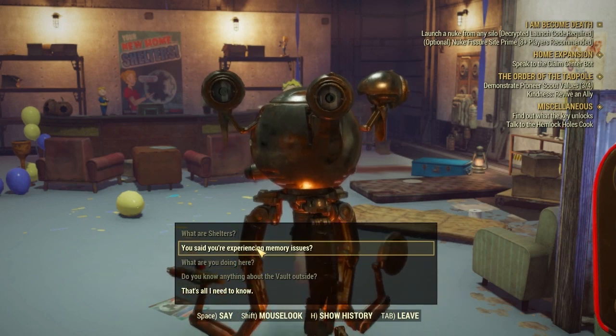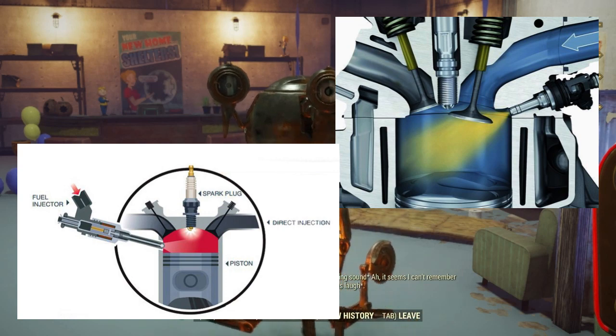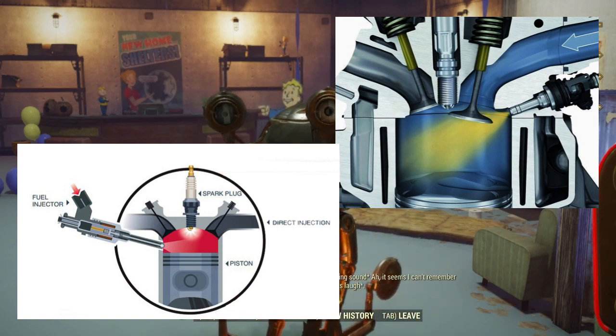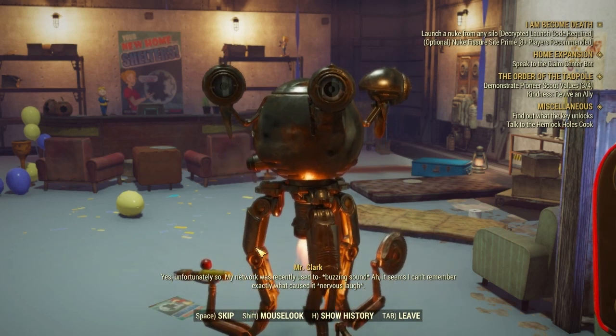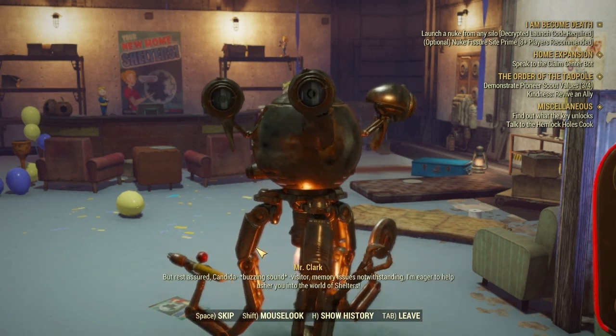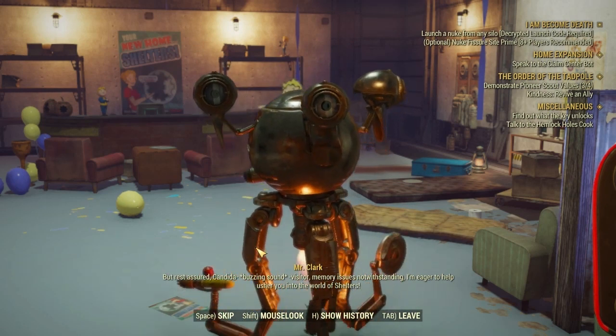And then the current day is going to be direct fuel injection. It sprays directly into the combustion chamber. And that is that part of it all.